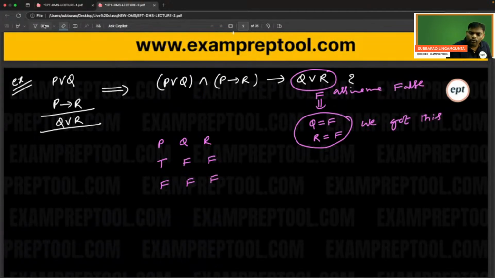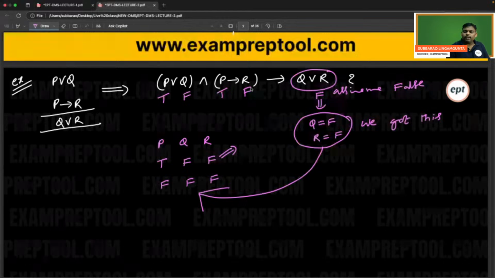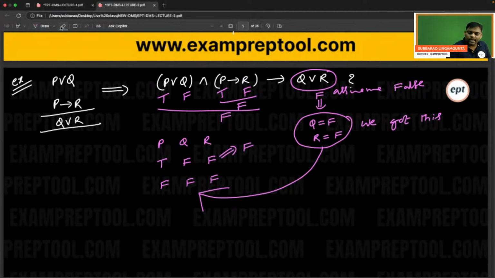From the right we got this data. Now substitute one by one. First, P true, Q false, P true, R false. If you observe clearly, in the and operation, T and F means false. False and anything is false. So the first possibility came false. Let's do the second possibility.